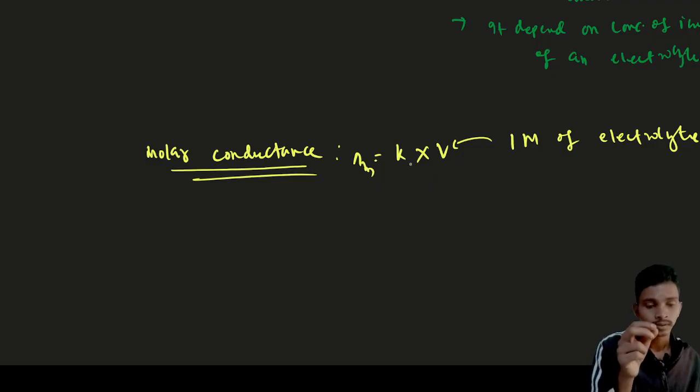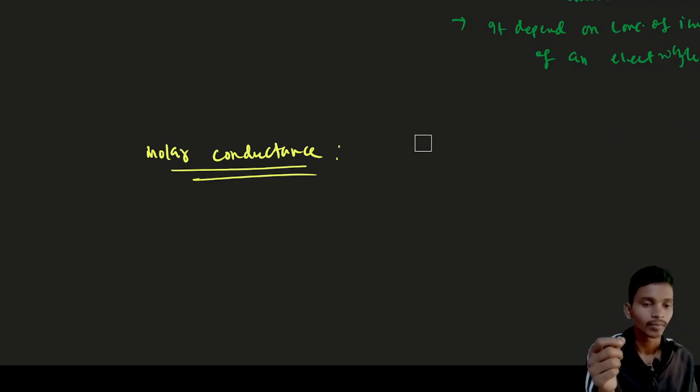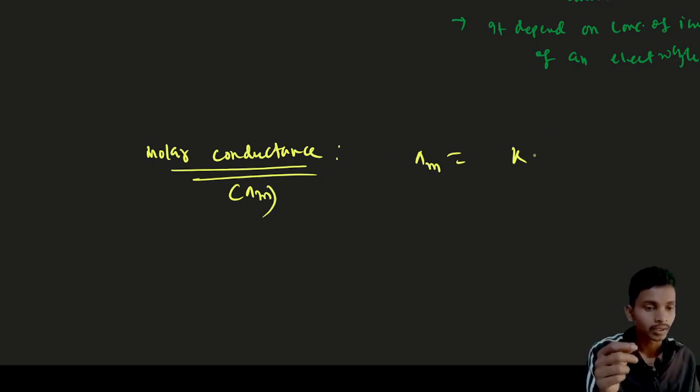So the conductivity of an electrolyte is defined by lambda m. This is equal to conductivity into volume, and this volume has 1 molar of electrolytes.